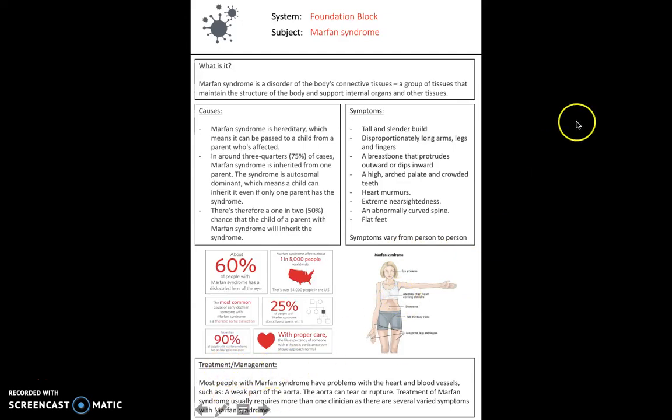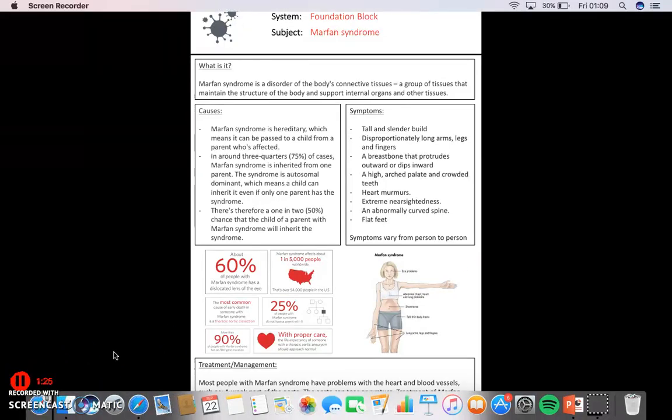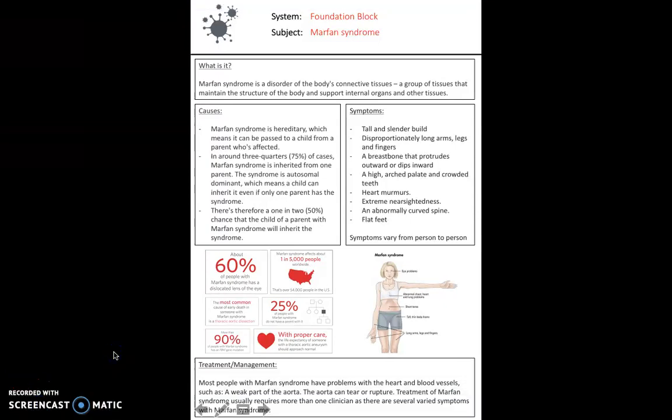In terms of treatment and management, most people with Marfan syndrome have problems with the heart and blood vessels, particularly a weak part of the aorta, leading to the possibility of an aortic tear or rupture. In terms of treatment, it's quite tricky, and you'd normally expect that the treatment would focus around helping to delay or prevent any complications that Marfan syndrome may cause.